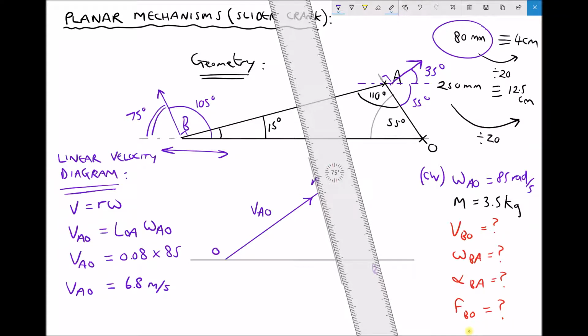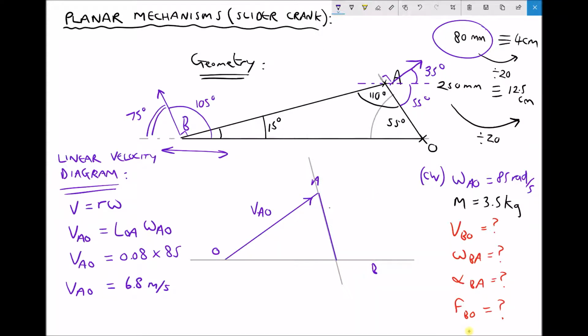Now I can finish constructing my velocity diagram because I have the velocity of B relative to A here. Its magnitude is, let's say, 4.1 for that length. So that's velocity of B relative to A equals 4.1. Now, because I'm using a 1-to-1 scale, 4.1 centimetres is 4.1 metres per second.